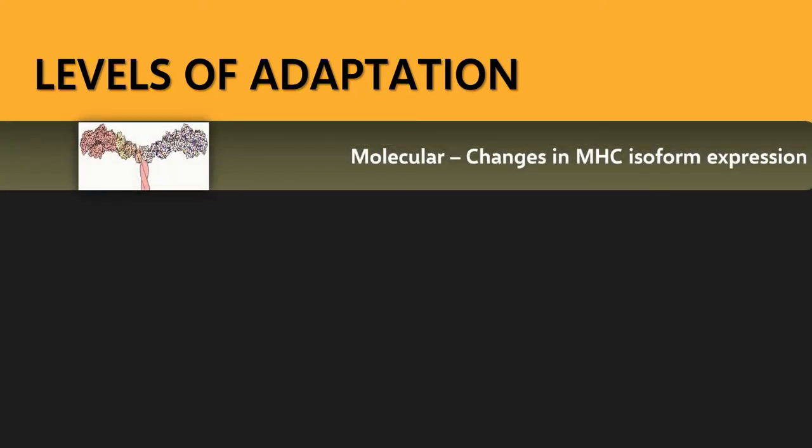So for example, resistance training can result in changes in the type of myosin that is produced within the muscle. So the myosin or myofilament that is produced in response to training and in response to an exercise stimulus may shift, because we don't just have one type of myosin in our body.